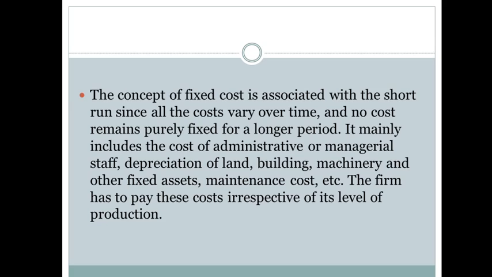Short run means a short period of time. Long run means above 5 years, or a long period of time. So the firm has to pay these costs irrespective of its level of production. Whether it is small scale production or large scale production, these costs are to be paid.